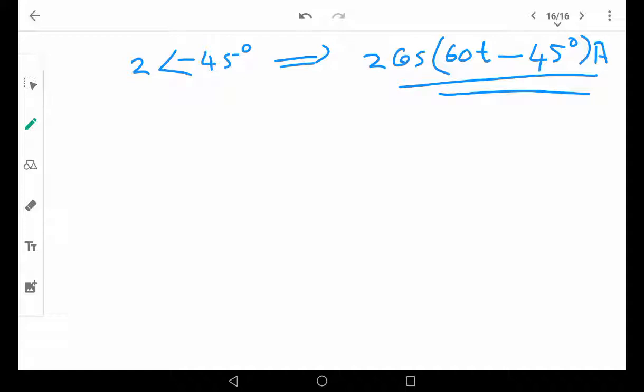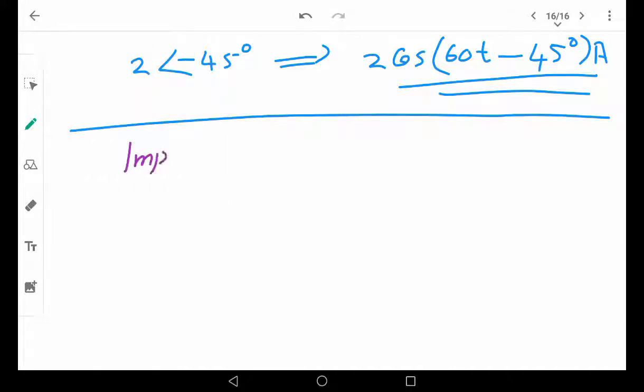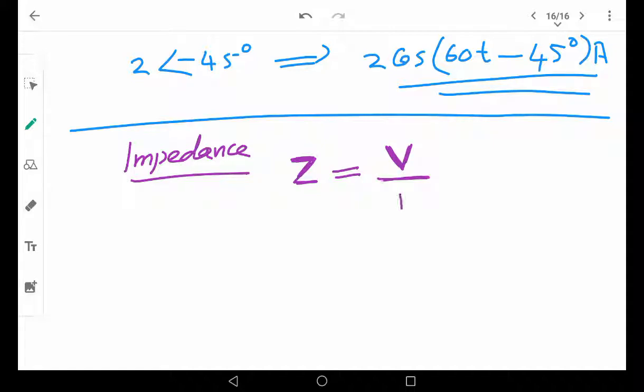Now, impedance. We will study what an impedance is. In general, in circuit analysis, the impedance Z is given by the phasor V divided by the phasor I. It is Ohm's law itself.